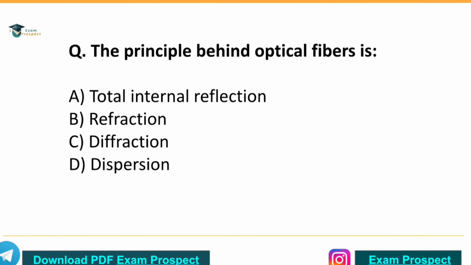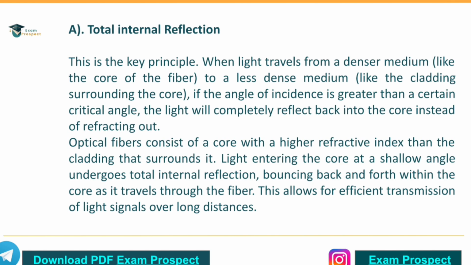Next question, the principle behind optical fibers is? The correct answer is option A, total internal reflection. This is the key principle. When light travels from a denser medium like the core of the fiber to a less dense medium like the cladding surrounding the core, if the angle of incidence is greater than a certain critical angle, the light will completely reflect back into the core instead of refracting out.